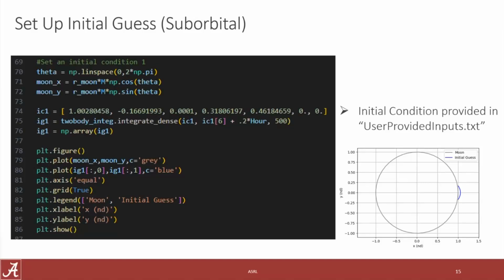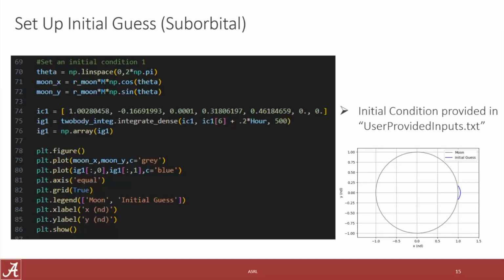The return of an integrate dense is a list of time histories. But in Python, NumPy arrays can be sliced separately, different from how lists can. So I am in the habit now of turning them into NumPy arrays so that you can do slicing like you see here of give me everything at index 0 of the trajectory.